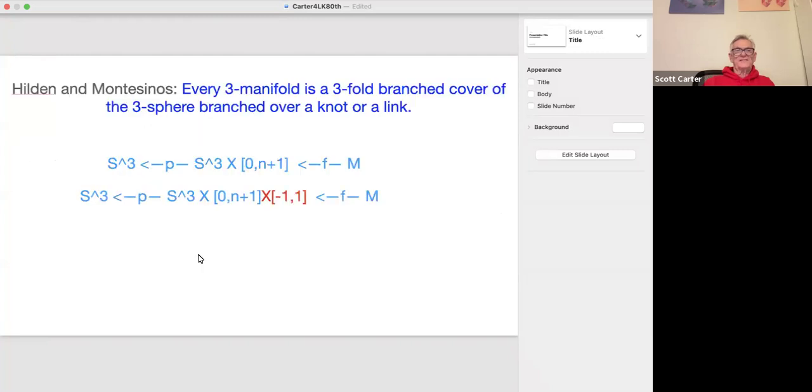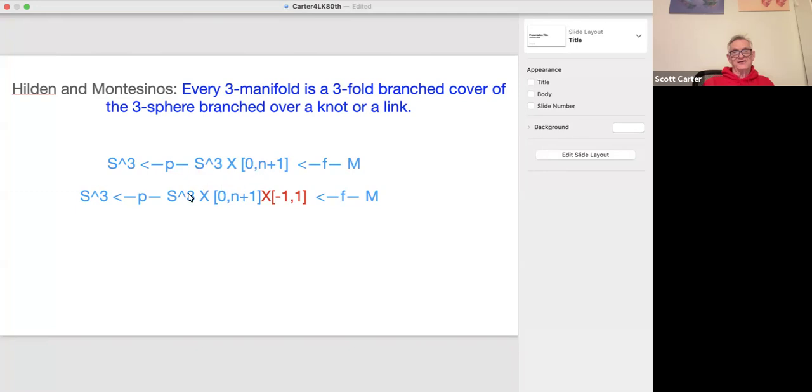So we know from Hilden and Montesinos that every 3-manifold is a 3-fold branch cover of the 3-sphere branched over a knot or a link. And this is just a reiteration. If I've folded the 3-manifold into S^3 cross D^(n+1), there is a meaning in that n.